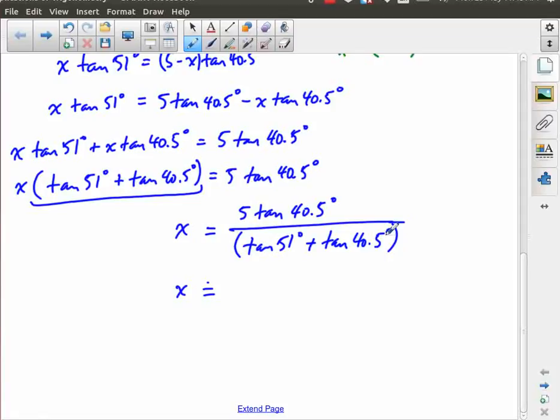I'm going to do this calculation a second time just to be on the safe side. I ended up with x is equal to approximately 2.0443. I'm going to check that another way, calculating the denominator separately.